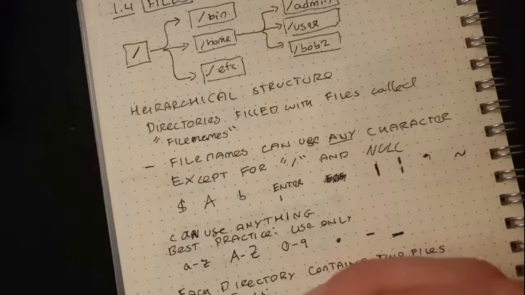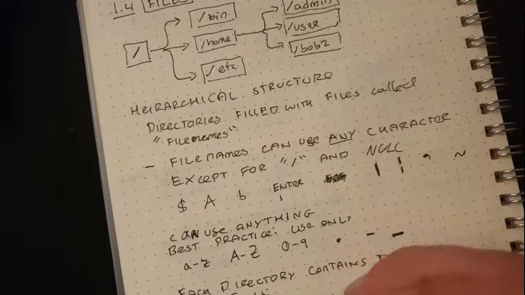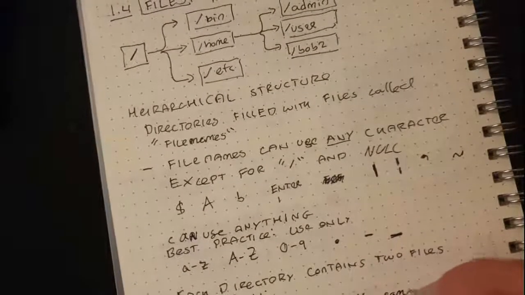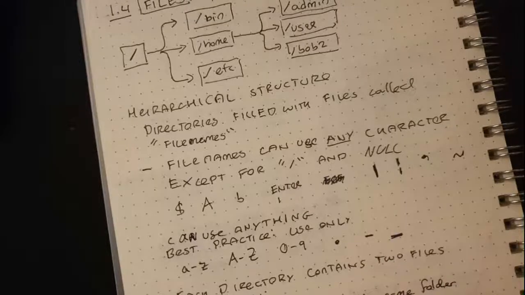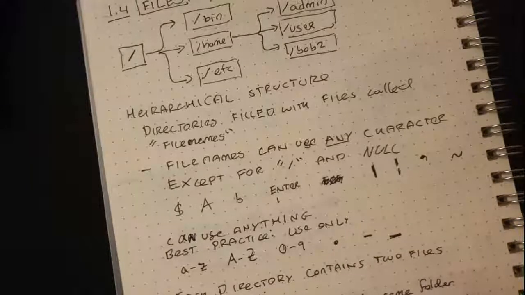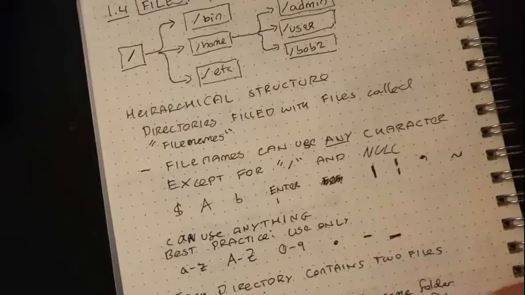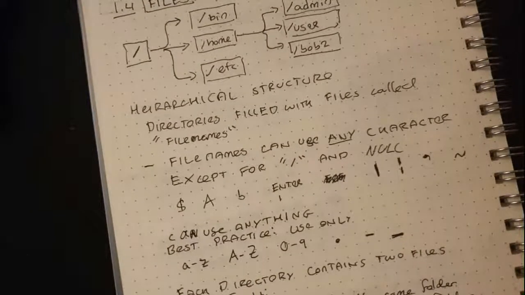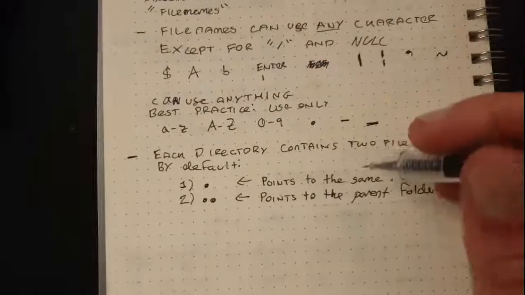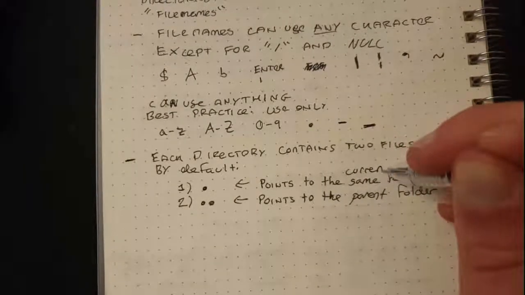So this single dot just points to the folder you're in, the current folder, and this double dot points to the parent folder.